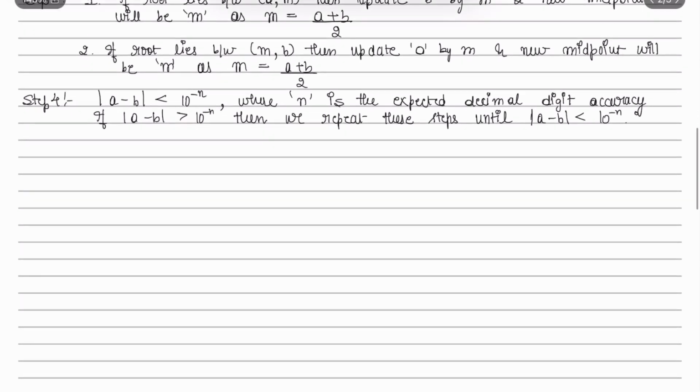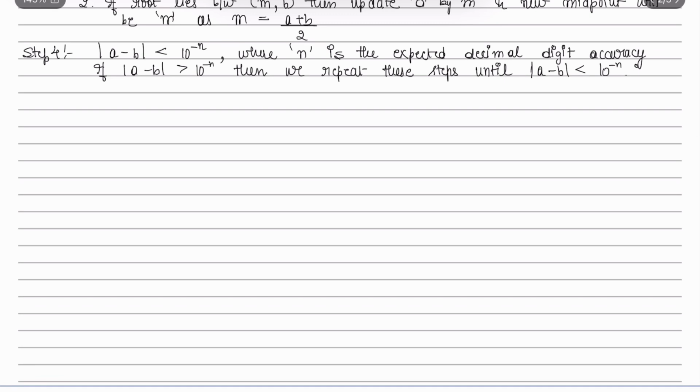Let us make an understanding of the bisection method with the help of an example.